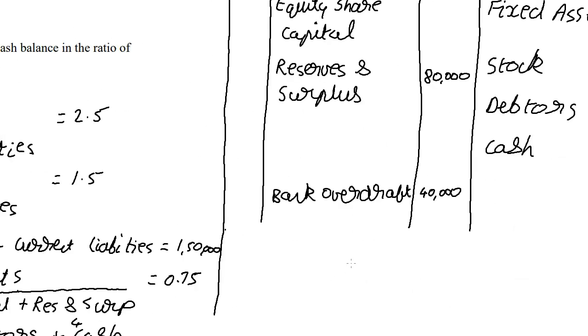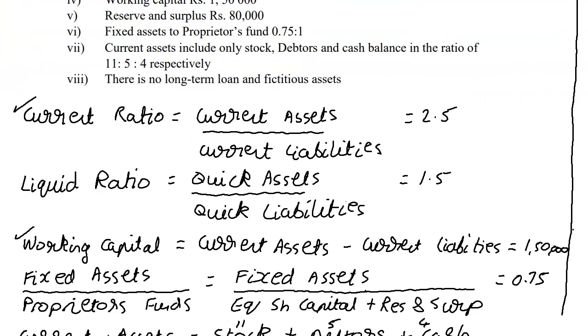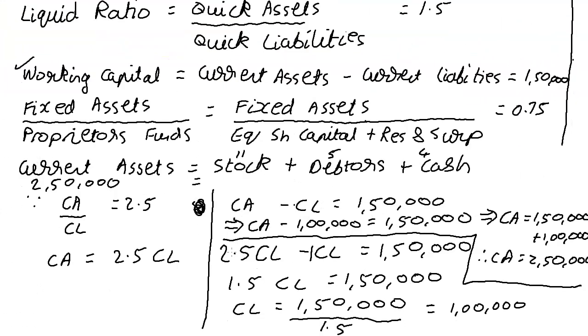This is something which we can now put in the balance sheet, so I'm just going to put it on top. Quick liabilities is 60,000. Now, as far as my current assets are concerned, it's become very crowded.